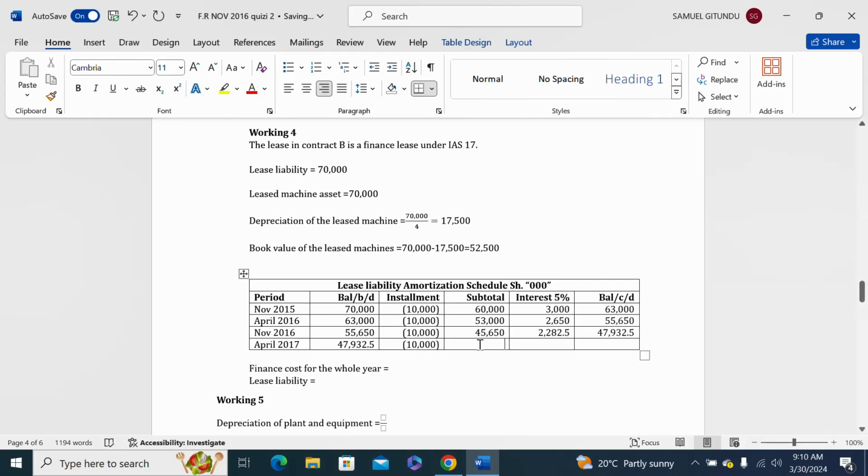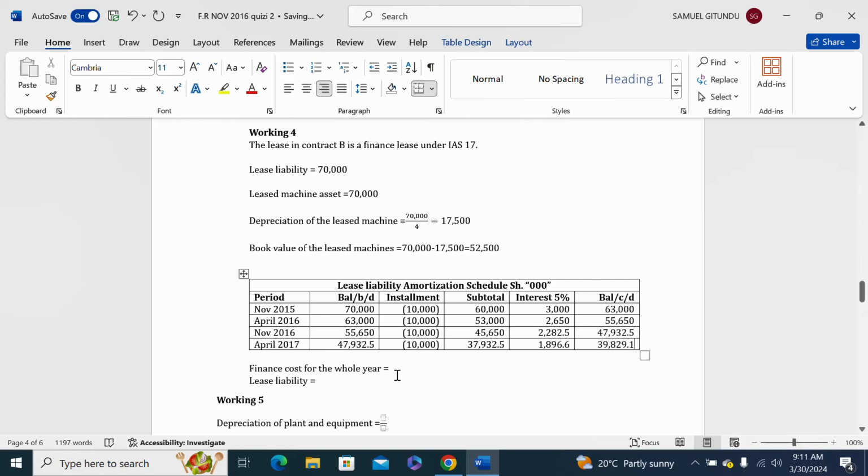We are getting 37,932,500. 5% on this is 1,896,600, and the balance carried down is 39,829,100.